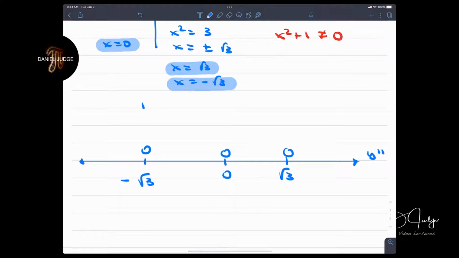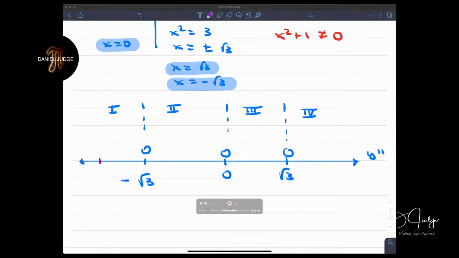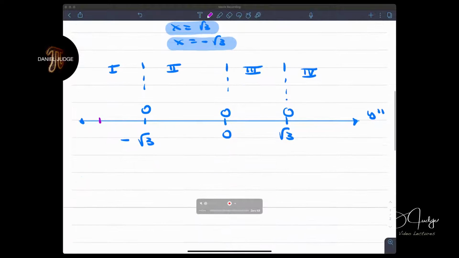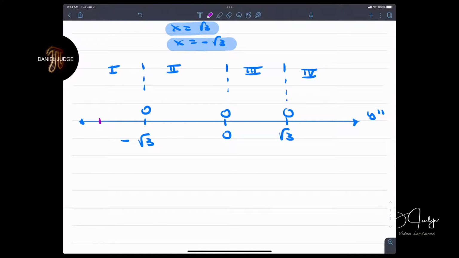So we'll have 4 regions now. And we need test points. So we need to know what the square root of 3 is. The square root of 3 is smaller than the square root of 4, so it's smaller than 2. So we'll use maybe a negative 3, positive 3, or if you like, a 4. Doesn't matter.